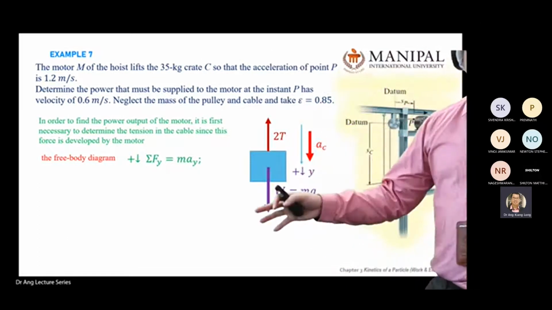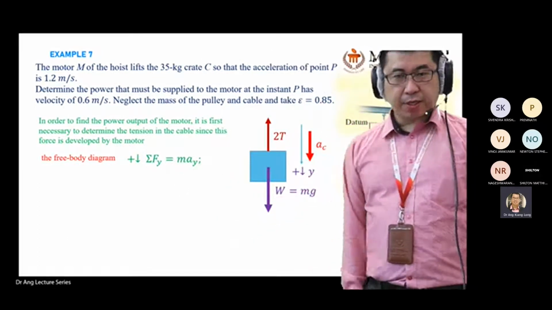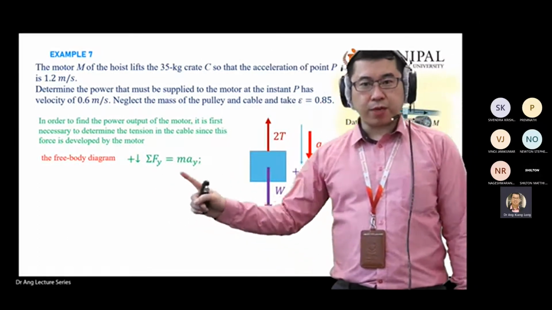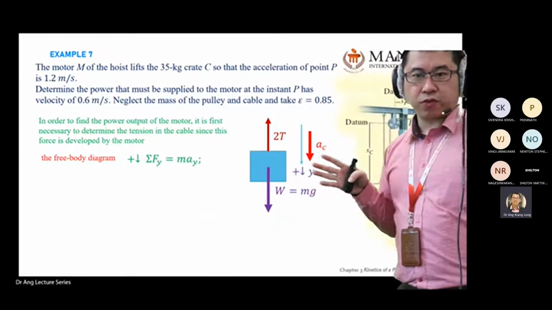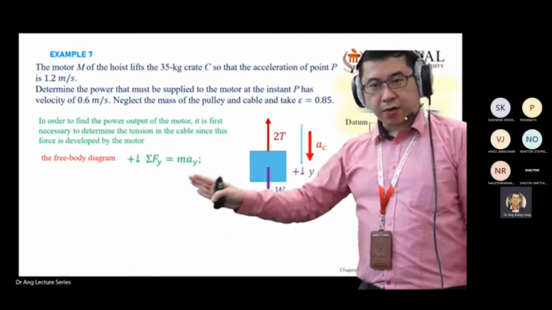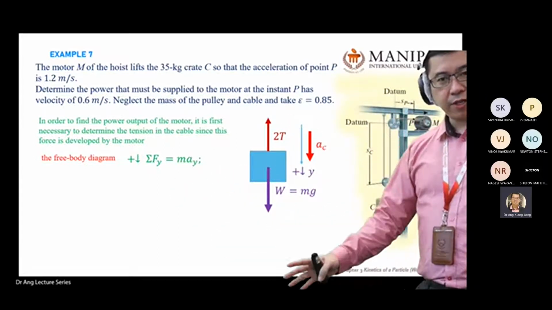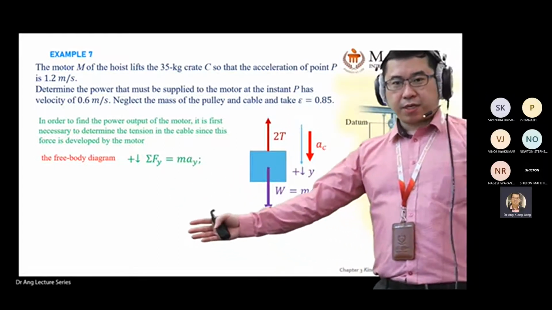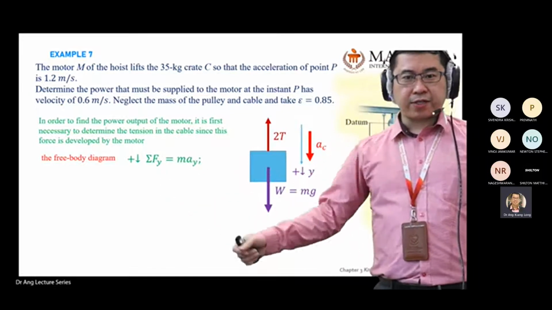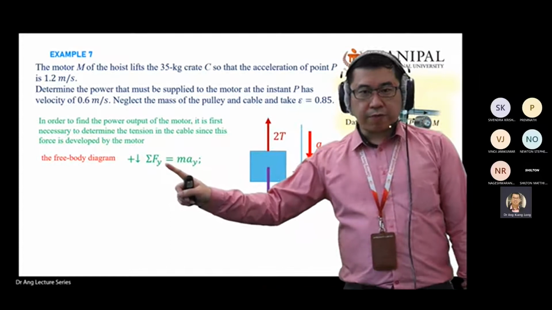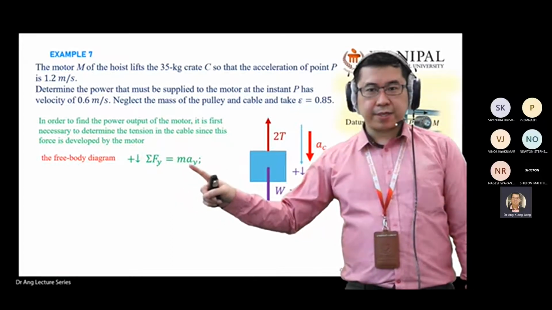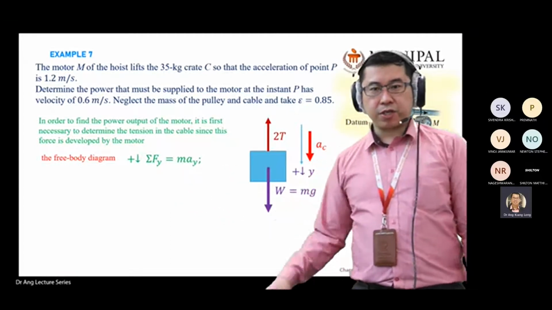Okay, so we start with the Newton equation, F equal to ma. In this case, if you view this diagram, there's no horizontal force. They only have vertical force. So we only focus on the y direction in the F equal to ma equation. All the forces in y direction equal to mass multiplied by acceleration in y direction.